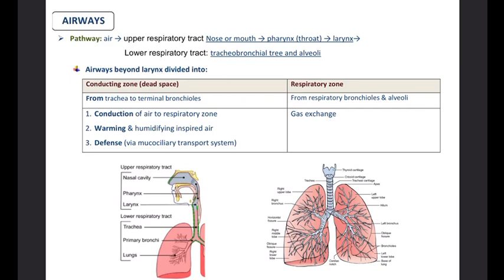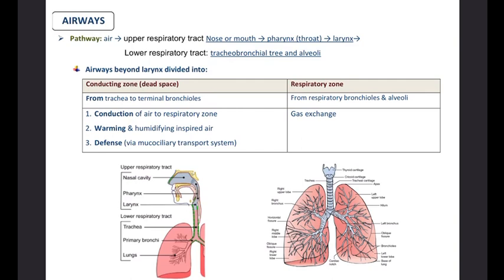Now, the airways beyond the larynx, that is the lower respiratory tract, are divided into two zones: the conducting zone and the respiratory zone. The conducting zone is known as the dead space. This we will also see later. Dead space is approximately 150 ml for an average person. We will see it clearly later.